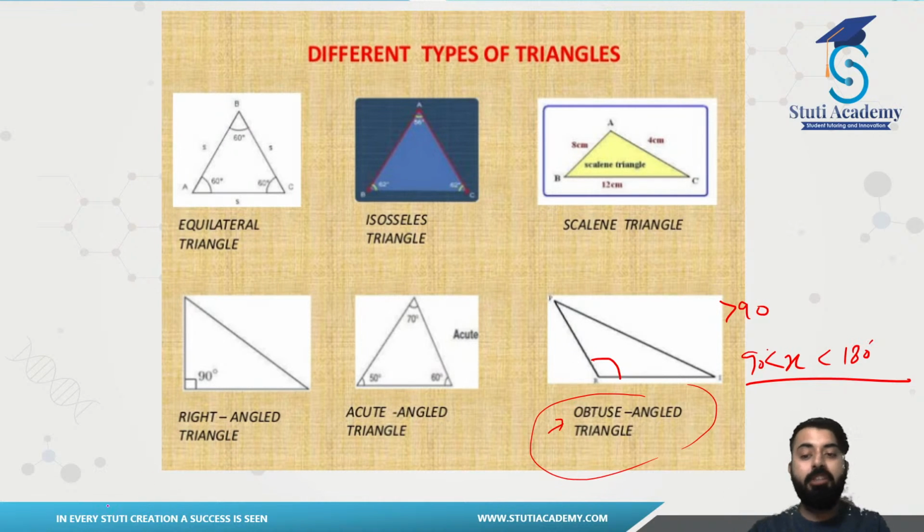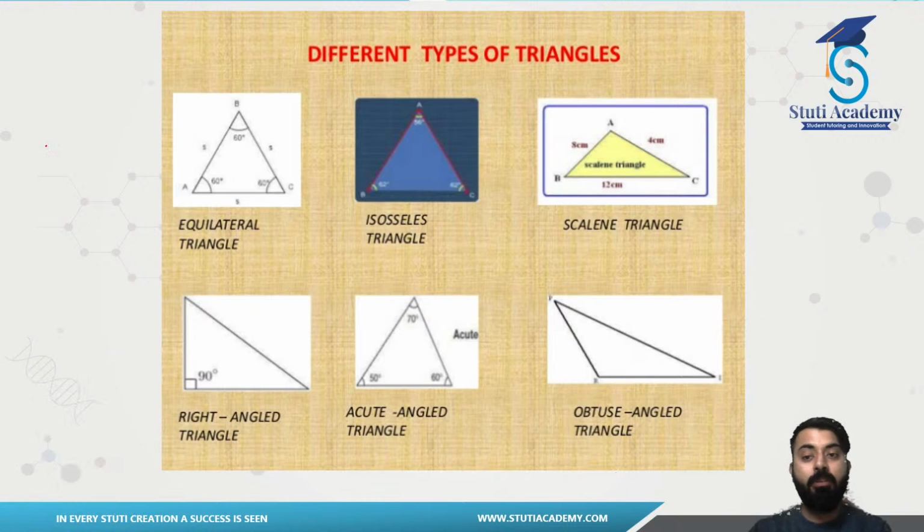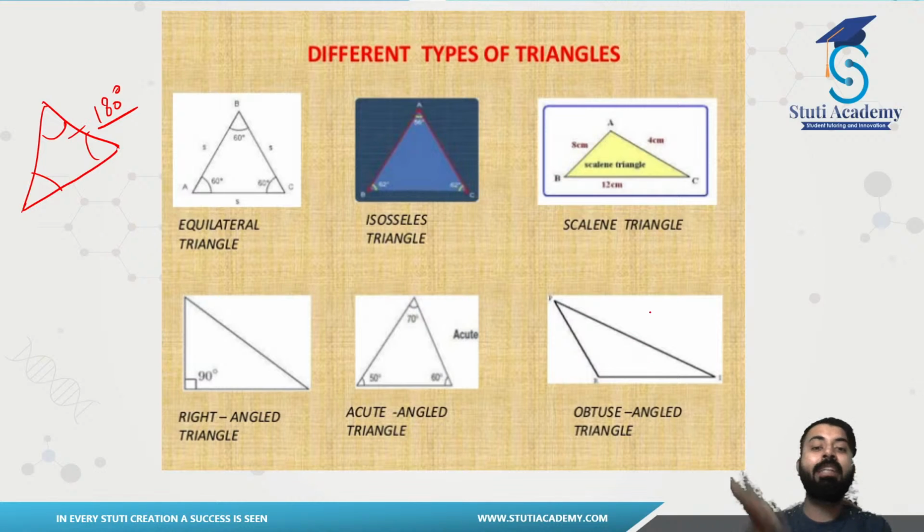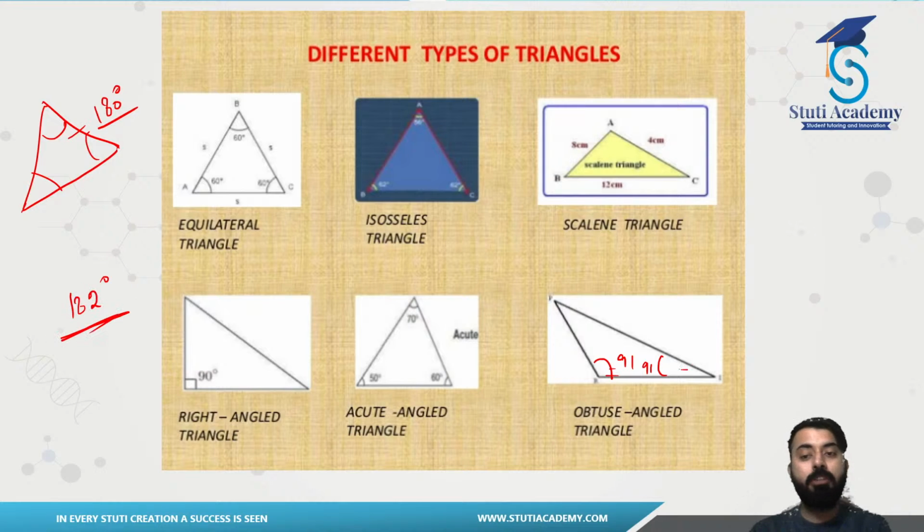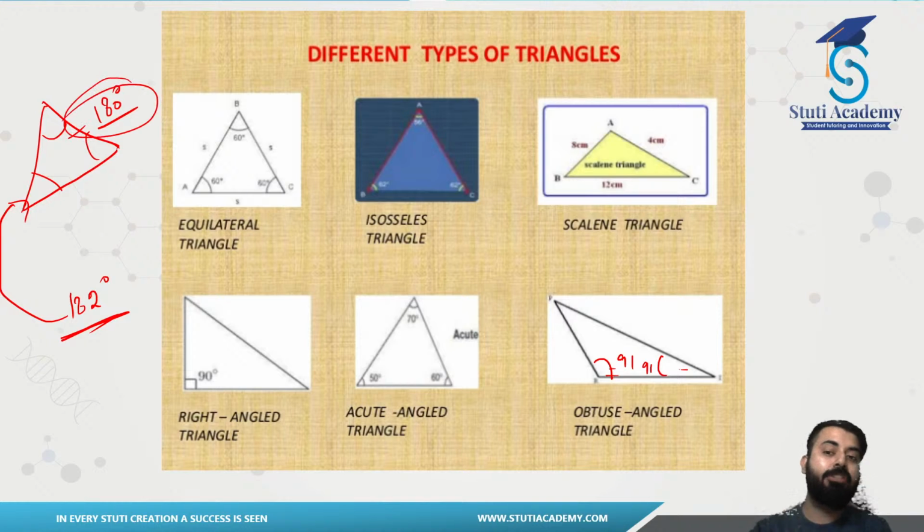See, the condition for a triangle is this, that if I have a triangle, then the sum of all its interior angles has to be 180. So if you have more than one angle which is more than 90 degrees but less than 180, let's say if this is 91 and this is also 91, then the sum of these two angles would have been 182 degrees, which is not possible, since for a triangle the sum of all three angles has to be exactly 180.